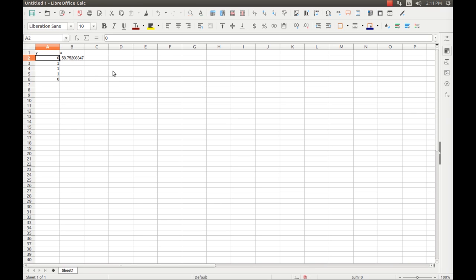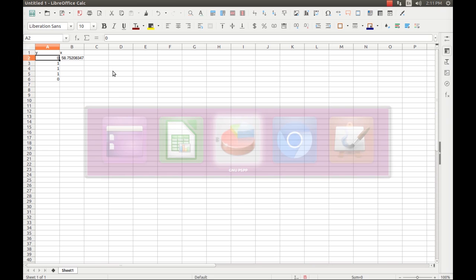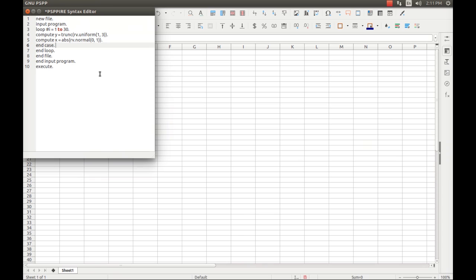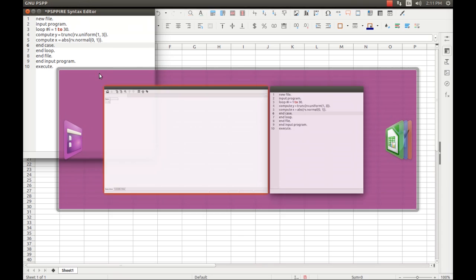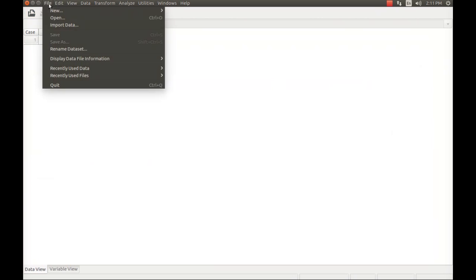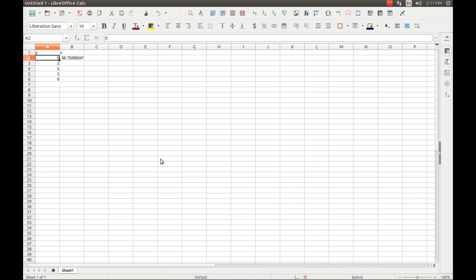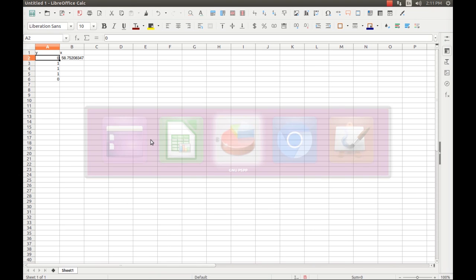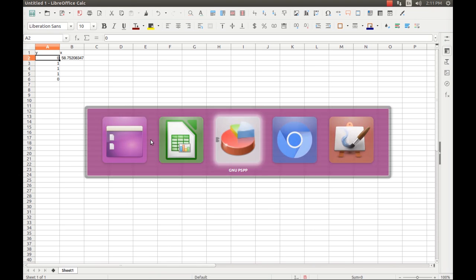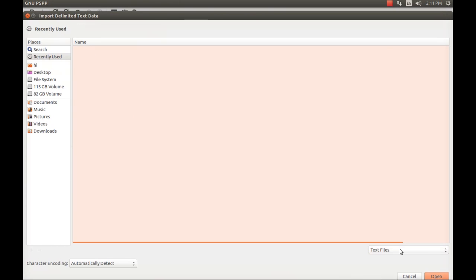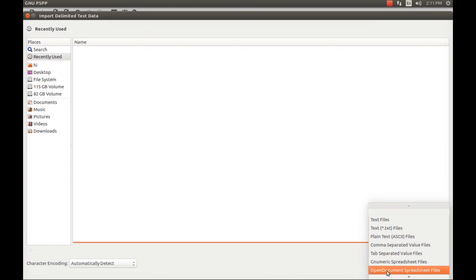After doing this, you can also import this data into PSPP. Just go to the file and there open the data set. This Calc file, which is a spreadsheet, may need to be converted into a CSV file, and then you go to the file and import the data, where you just choose the CSV file and the type of the file.